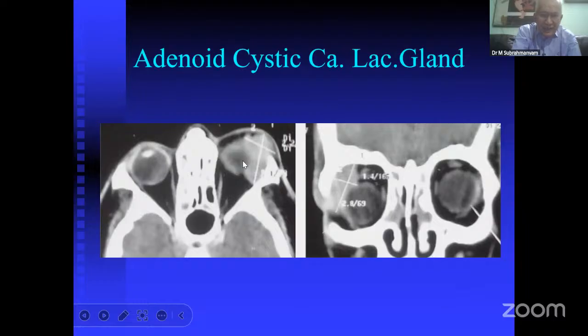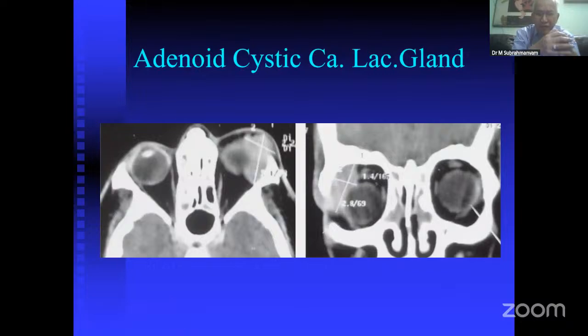Here is another case of adenoid cystic carcinoma of the lacrimal gland with bony erosion. This is also the same adenoid cystic carcinoma with bony erosion. You see, it is molding around the eyeball without indenting it, because this is a soft tumor, just like a lymphoma.